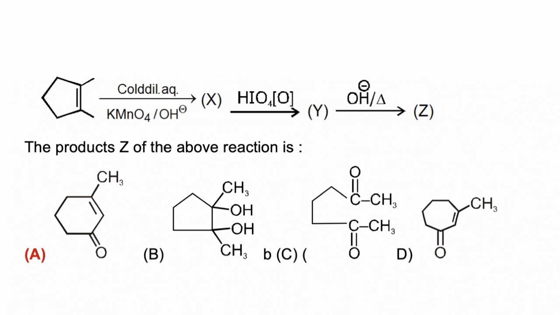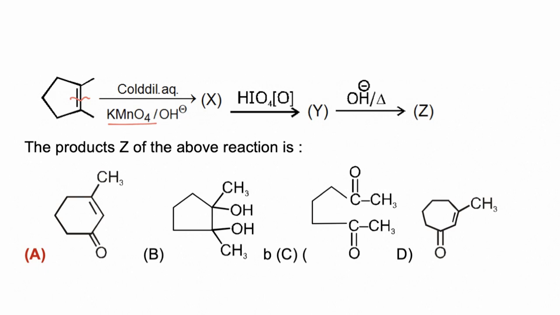In this question, we have to find the product of the following sequence of reactions. Now in the first step, alkaline KMnO4 is taken. In presence of alkaline KMnO4, this bond is broken and it will be converted to a diol. Next, HIO4 is taken, which is periodic acid oxidation.